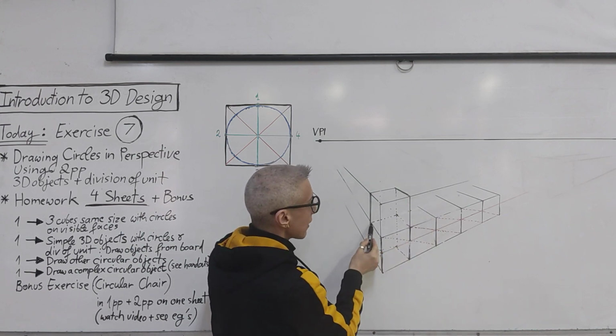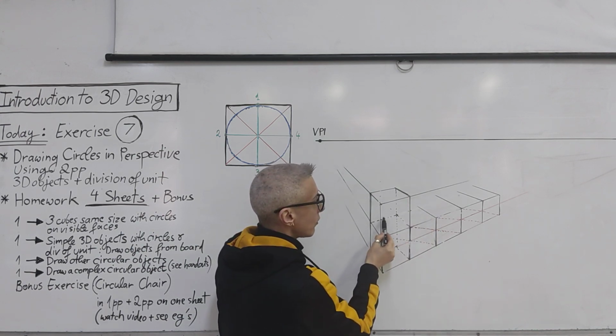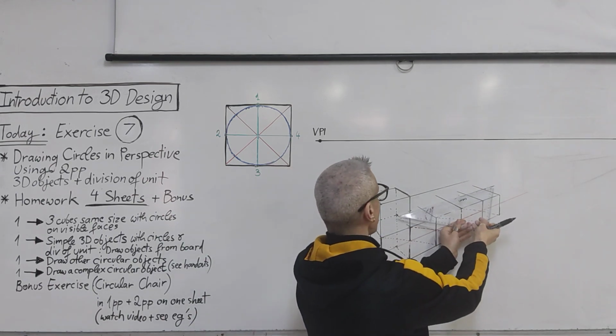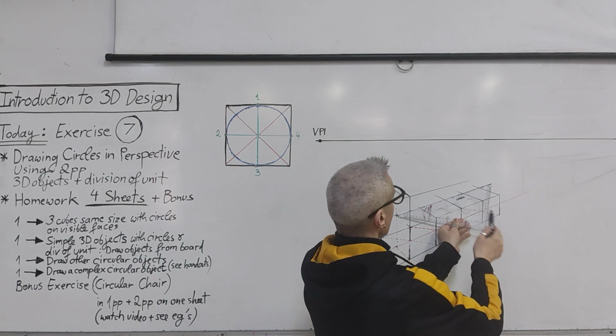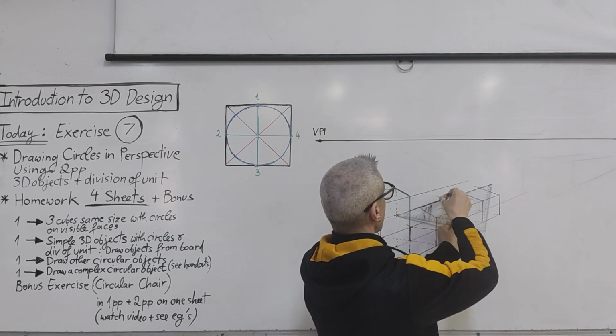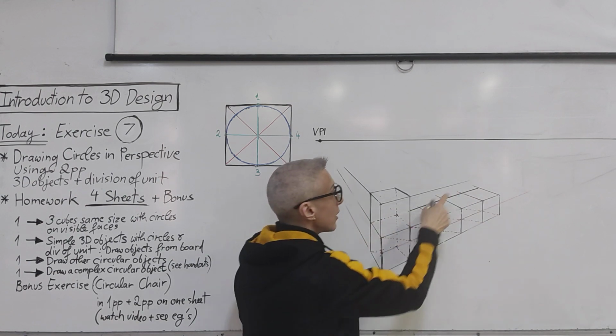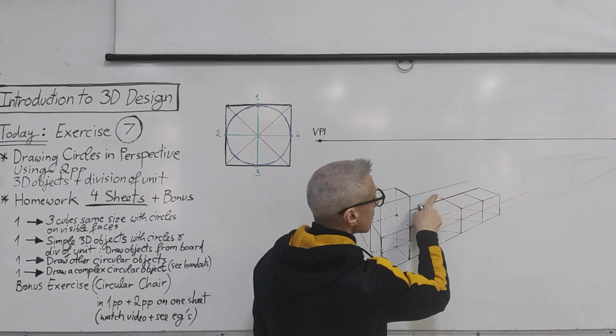You have to go back here and see where this point is. Do you see this line? Continue it to the vanishing point. It will intersect the other lines at certain locations. Where they intersect, because they're on the same level, this is where they will end.